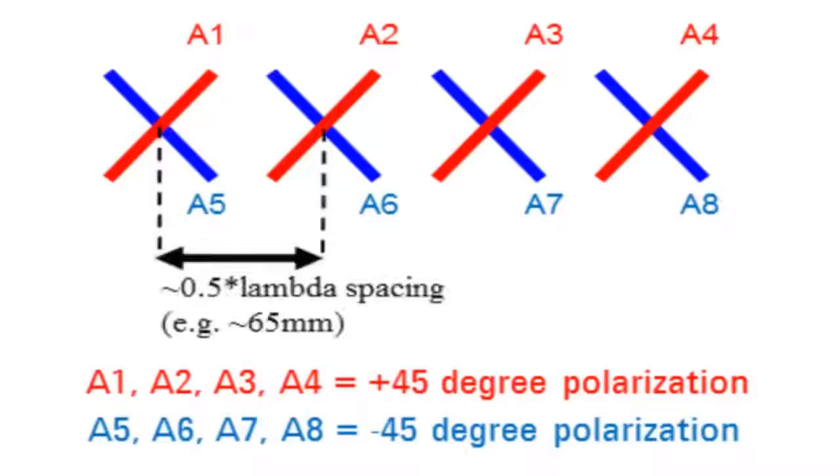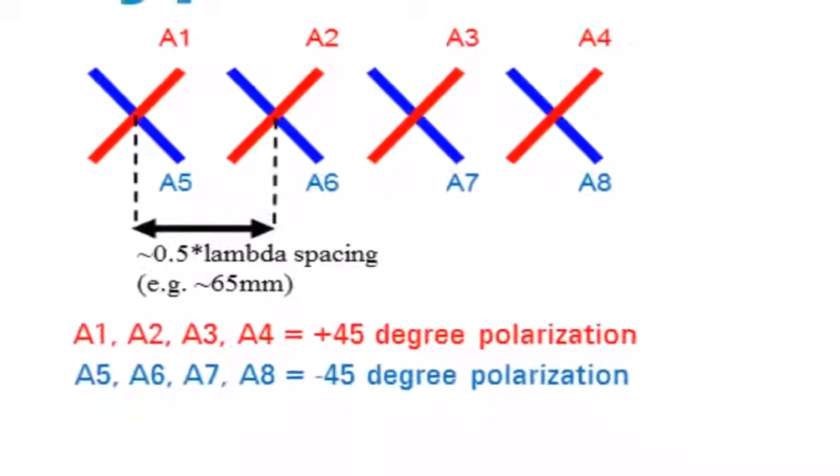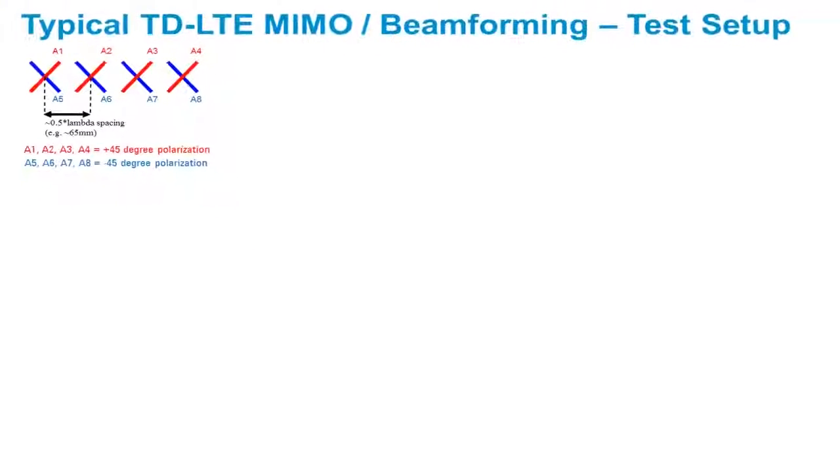Each antenna element within a group is spatially separated by approximately half the RF carrier wavelength. This provides a high degree of antenna element correlation within the antenna group, which is good from a beamforming point of view. Since each of the two groups are cross-polarized relative to each other, there is a low correlation between each of the two antenna groups, which is good from a spatial multiplexing point of view.